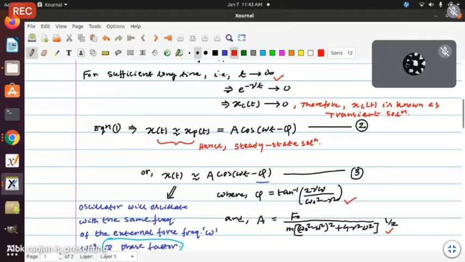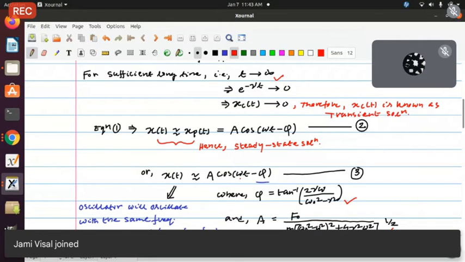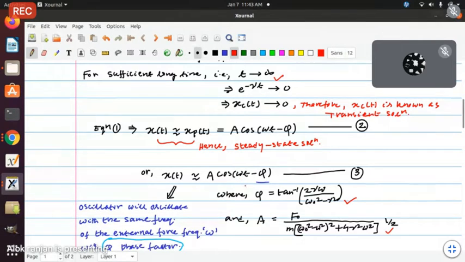So one can see that the oscillator, what is x of t? x of t is the displacement of the oscillator at a given instant of time t. So the oscillator will oscillate with the same frequency of the external force omega, but there will be some phase lag. That means the oscillator won't oscillate immediately as we apply the external force.